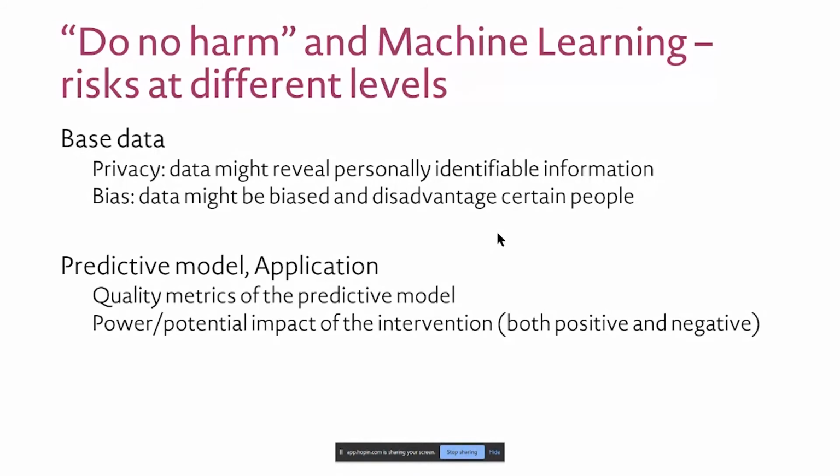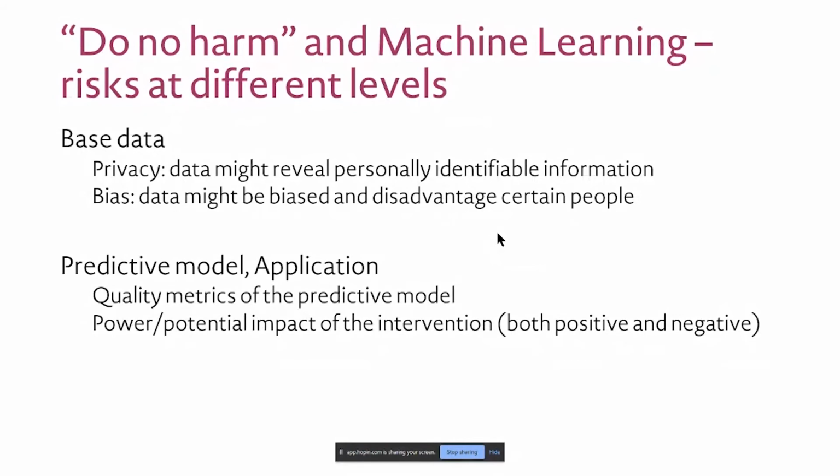Or we could introduce a bias that could disadvantage certain people, for example, by not providing relevant services, or by not providing services at all, or by providing services that might be harmful for a certain population. Privacy and bias are already topics that are getting more and more well established and more well understood. And there's already lots of resources out there, so I won't talk too much about these issues.